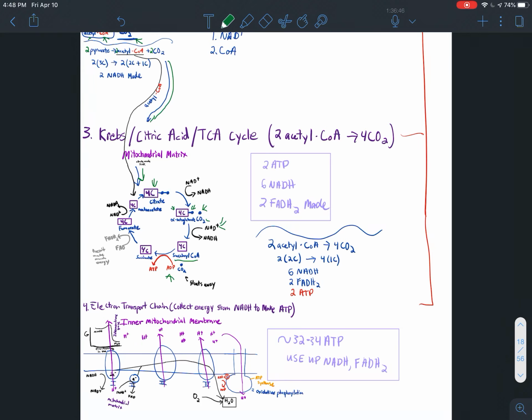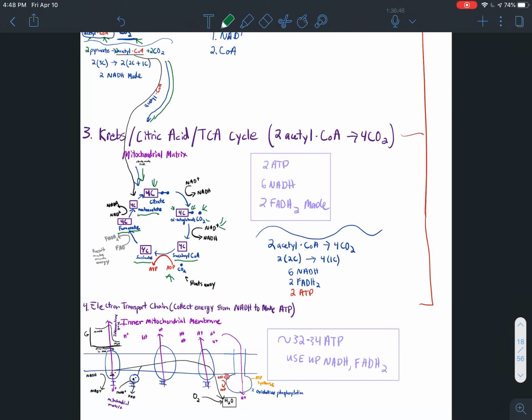We make another 4-carbon compound called succinate. Then FAD comes in, which makes FADH2, which makes fumarate. NAD plus comes in and makes NADH, which makes oxaloacetate over here.